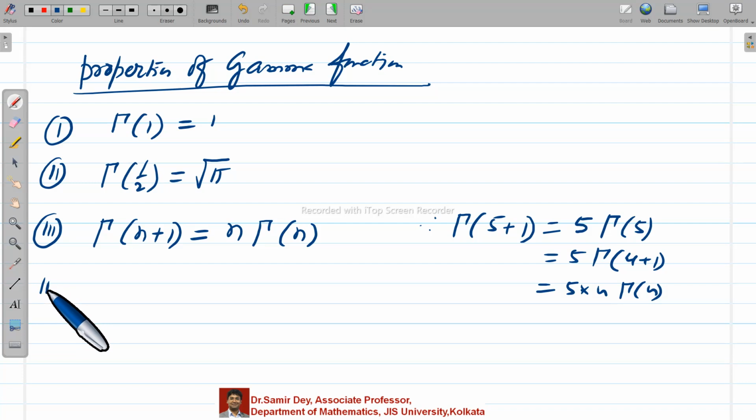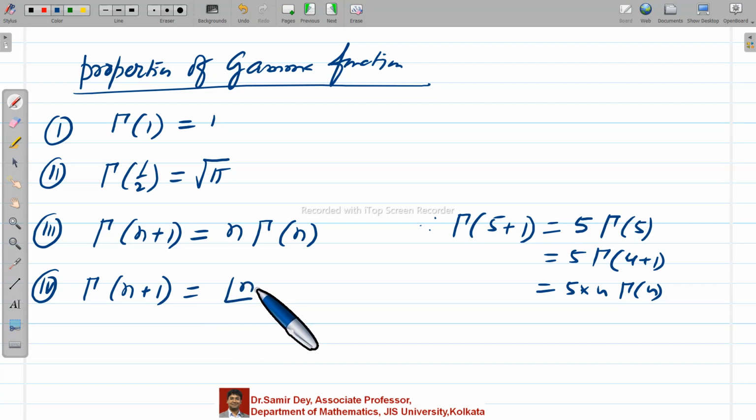Another form you have, that is gamma n plus 1 is equal to factorial n. Now you may have a question in your mind: which one should I consider? Basically this result is coming from here. If you continue, you will get factorial 5.